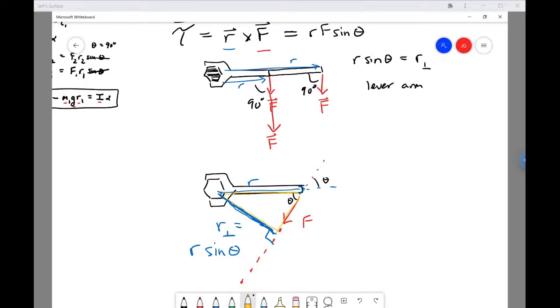So in other words, when it comes to torque, this R sine theta business is telling you that what matters is not the distance from the axis of rotation to where the force is applied, but the distance from the axis of rotation to that line along which the force is applied, the perpendicular distance. And so that's why torque is maximized if you make that angle 90 degrees. That's the angle that maximizes the lever arm.